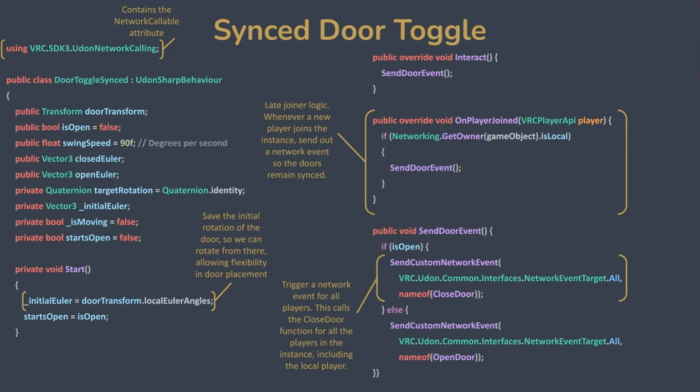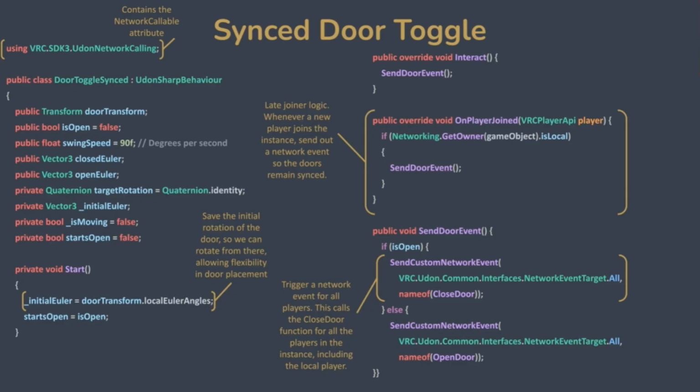Starting with our start function, since we want this door to work anywhere and have the flexibility as a world creator to place the door wherever we want, we need to save its initial rotation. So we get our initial Euler angles from the door transform, and then we check whether or not it starts open.